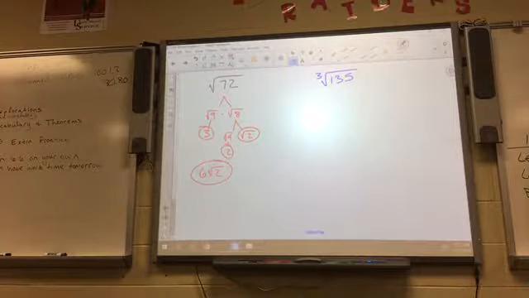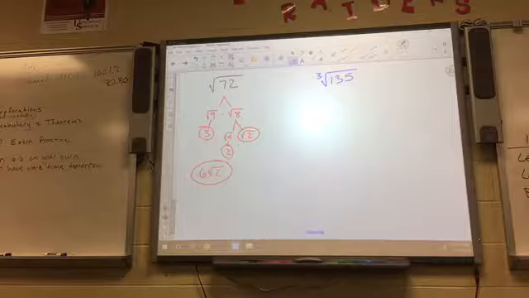Cube roots you should recognize: 2 cubed is 8. 3 cubed is 27. 4 cubed is 64. 5 cubed is 125. Those are probably going to be enough to get you to where you need to be. Those 4 are going to be the 4 main ones you're going to look at.